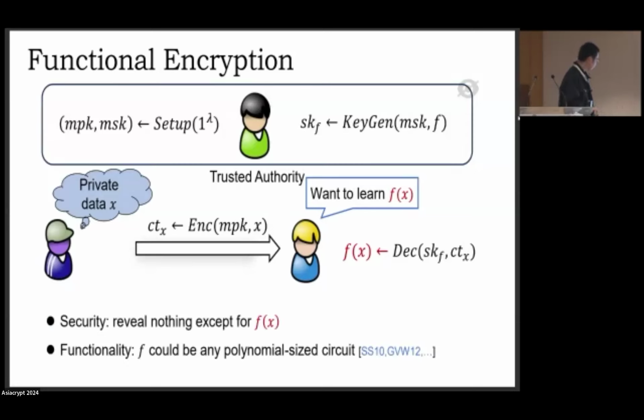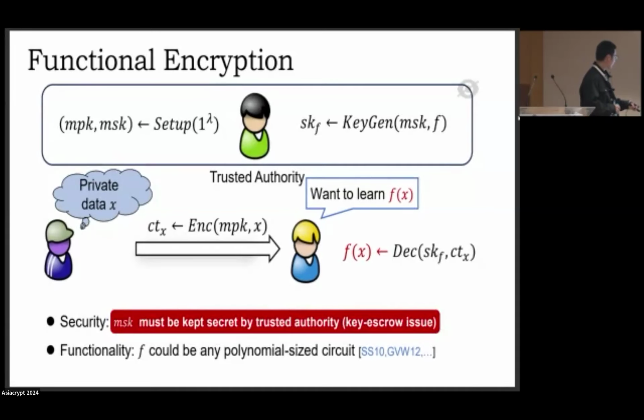For security, we require that this ciphertext will not reveal anything except for the function value. And this function can be represented as any polynomial size circuit. We already have work on functional encryption for circuits.